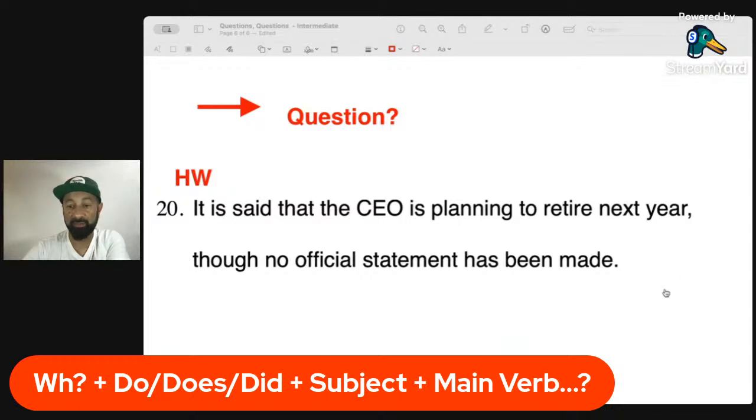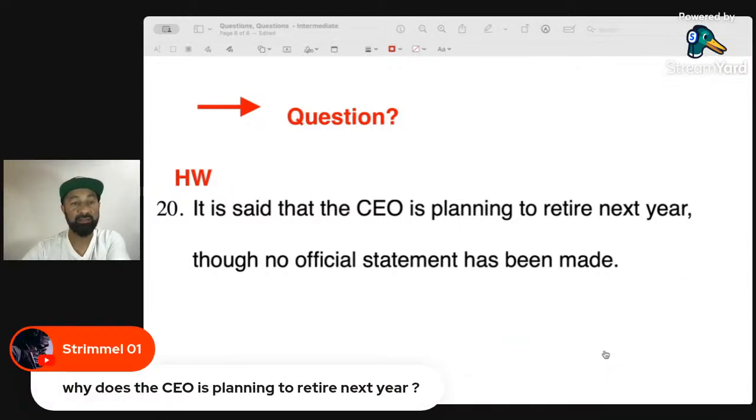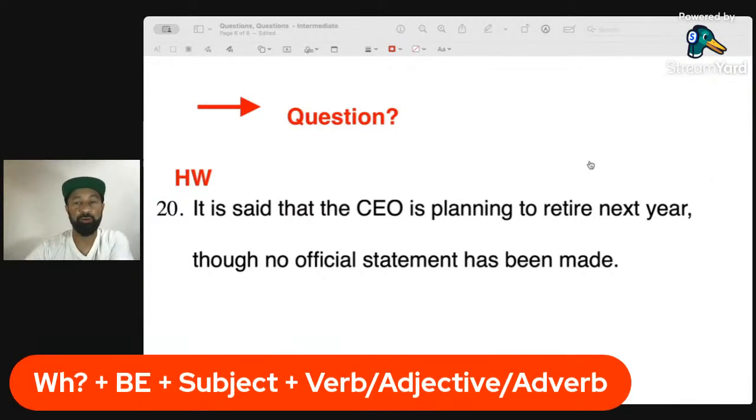Okay, so we've got Strimmel. You're already trying to answer here. Why does the CEO is planning to retire next year? If you notice here, we've got why does, and then the CEO is. So we're mixing a couple of the patterns here. If you use be verb, we use the WH-B style.